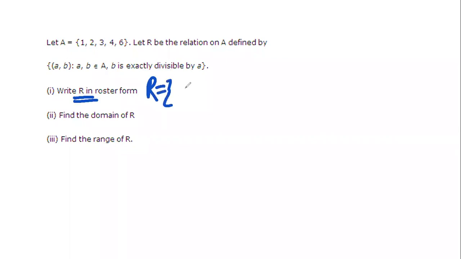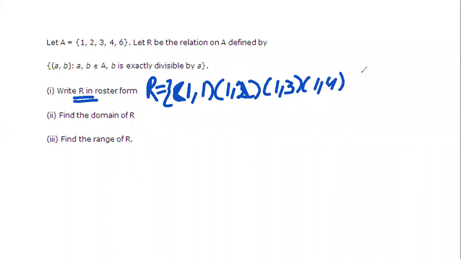Okay. So tell me, the number I am saying is 1. Tell me, with 1 what we can write. 1, 1. Very good. First of all, we write down (1, 1), because 1 is exactly divisible by 1. Next, 1 with 2: (1, 2). Then (1, 3), (1, 4), (1, 6).